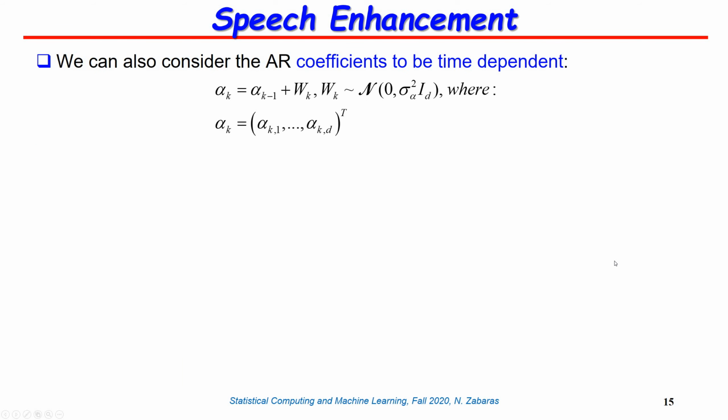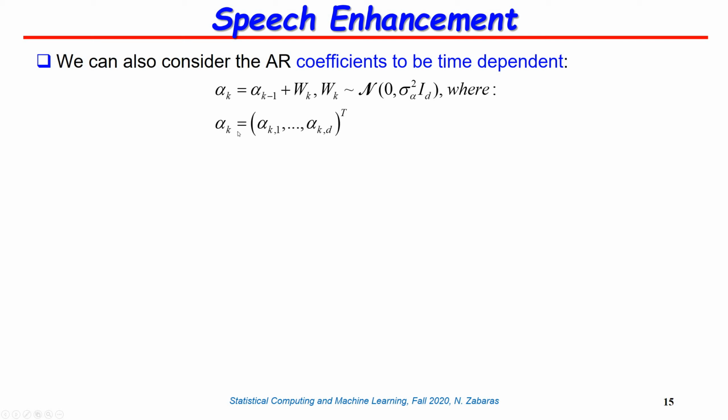Now, for this speech enhancement problem, you can go one step further and say, those coefficients alpha that I had before, where the speech signal at time k was a linear combination of the previous d signals with alphas defining that linear relation, maybe I can even make those coefficients evolve with time with their own Markovian model.